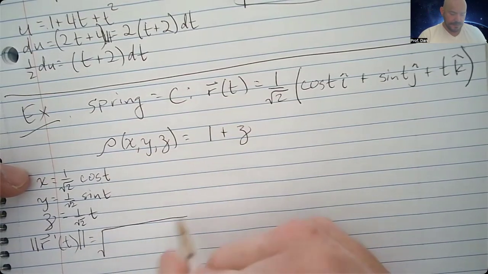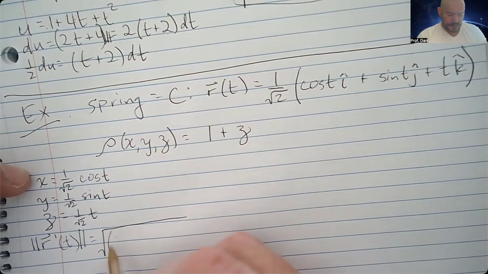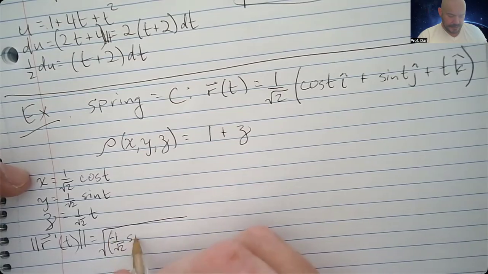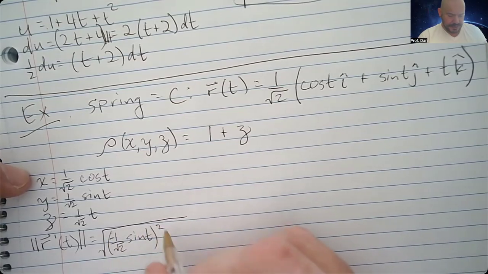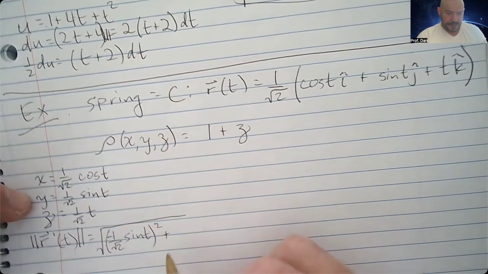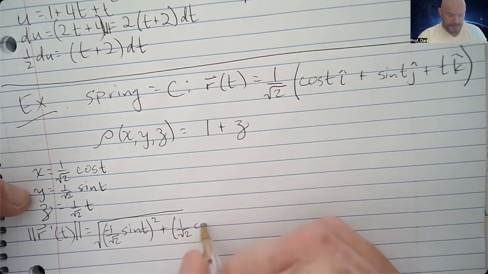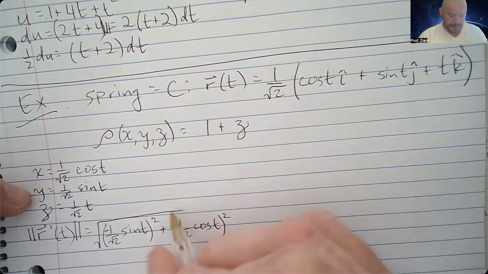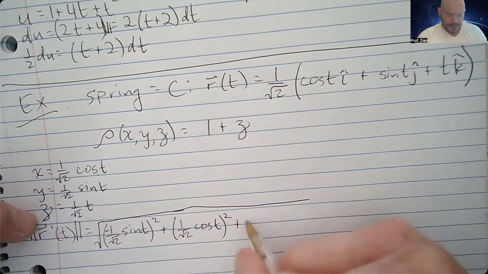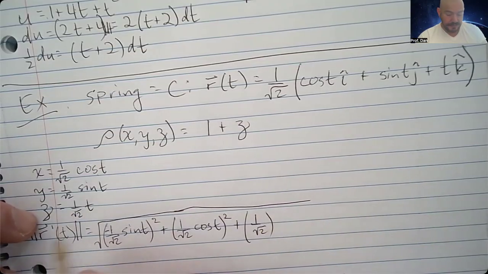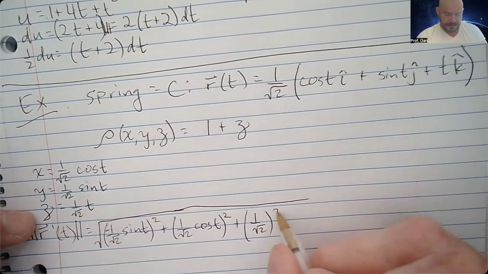So I have the square root of 1 over square root 2 negative sine of t. We're going to square that. For sine of t, we know the derivative would be cosine of t. So this would be 1 over root 2 cosine of t. We're going to square that as well. And then for the last one, 1 over the square root of 2 times 1. Okay, and we're going to square that.